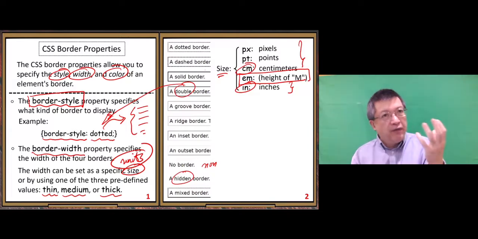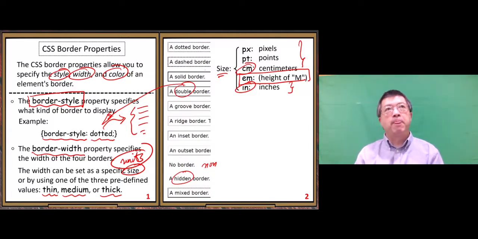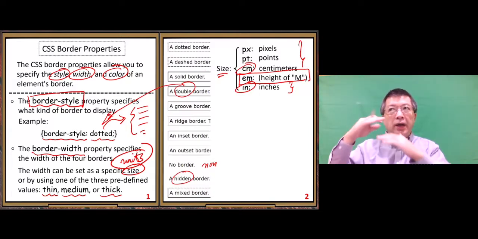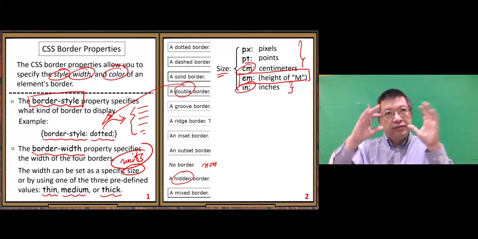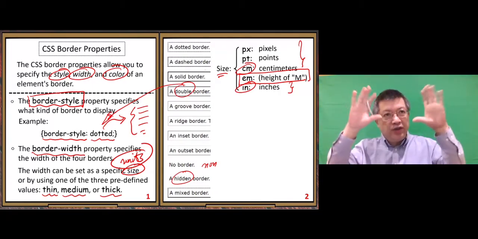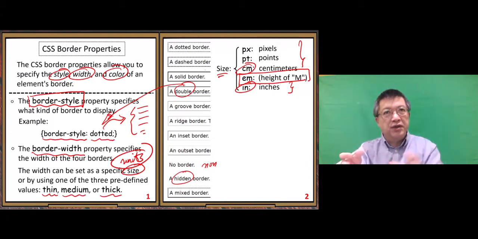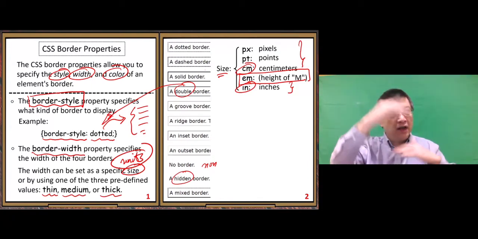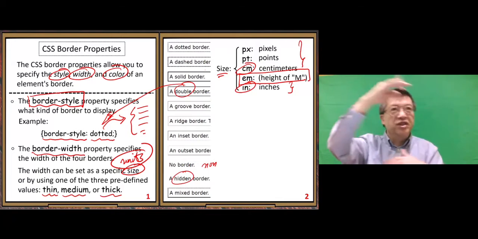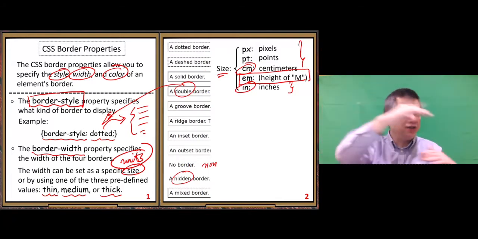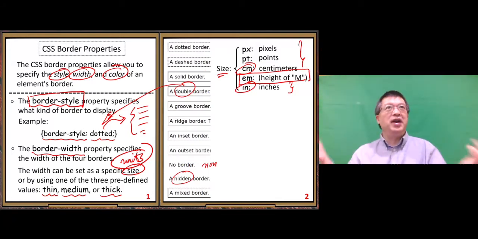The advantage of this relative unit is that if we design our layout using EM, it can adjust based on the screen size of your devices. That would be very nice.